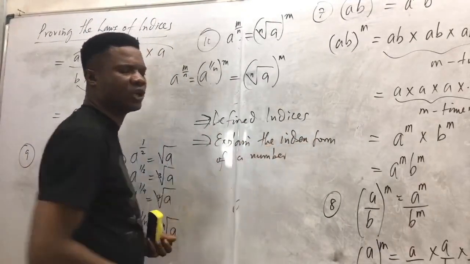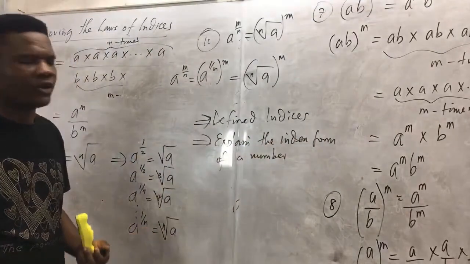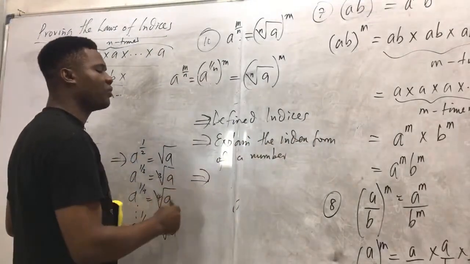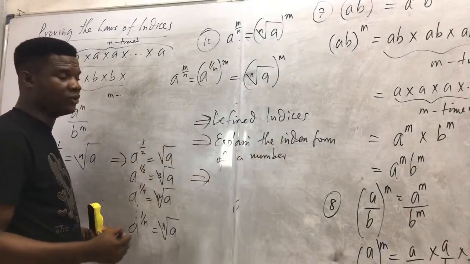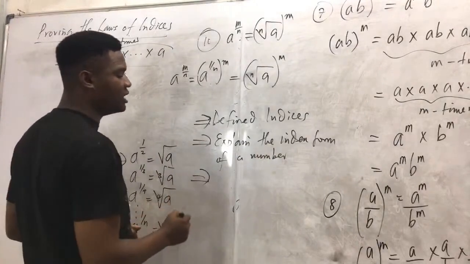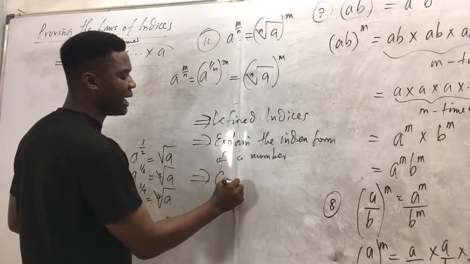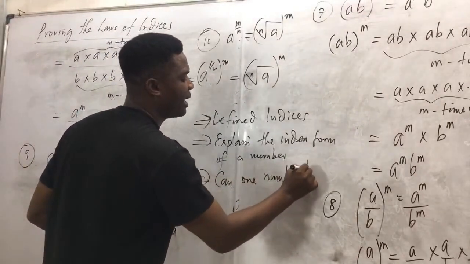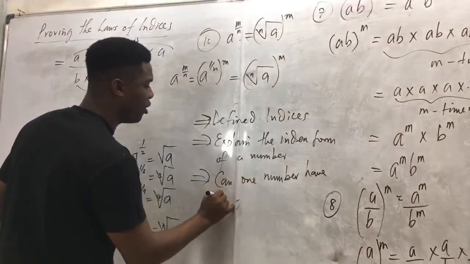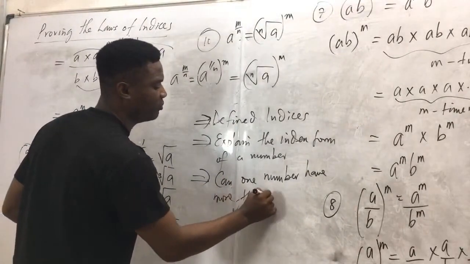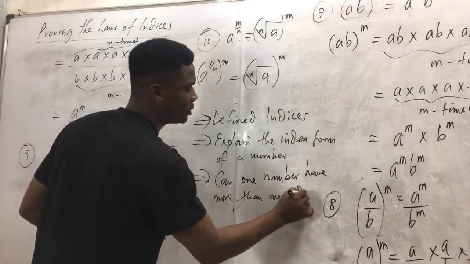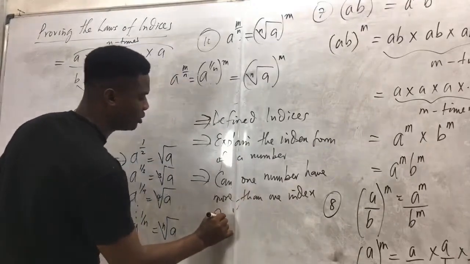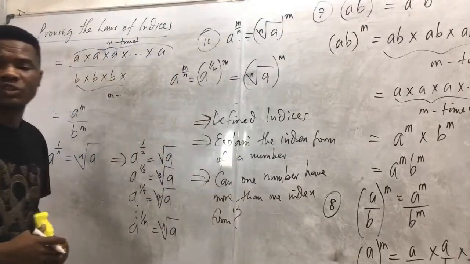Then we explained the uniqueness or non-uniqueness of index form, answering the question, can one number have more than one index form?